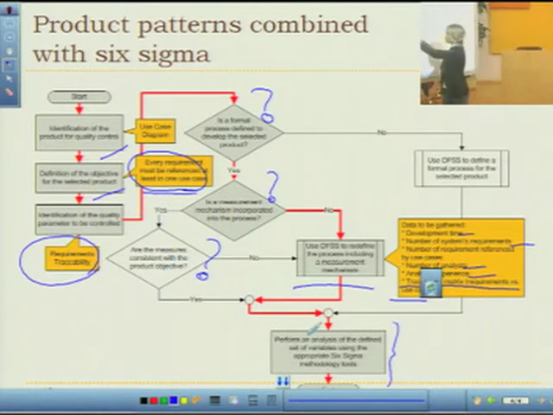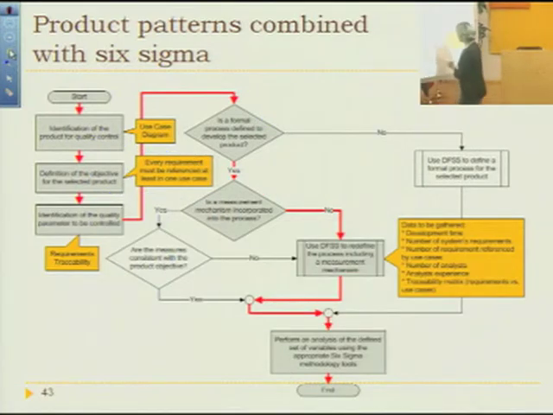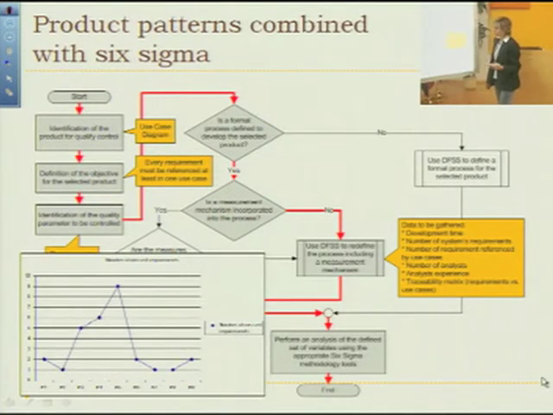Now, let's see how this analysis could work. So we have developed the use case diagram, and now what we want to do is to take data to analyze the data obtained. Let's suppose we developed 9 projects, and we have the data of the number of missed requirements.